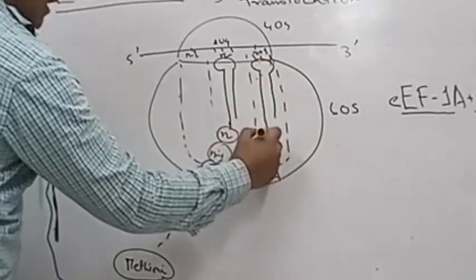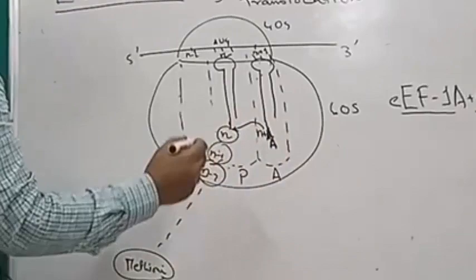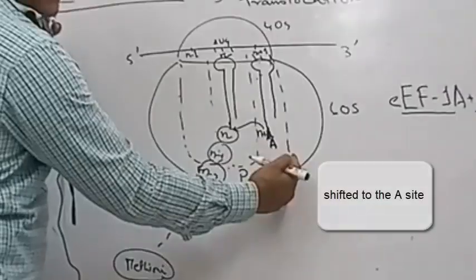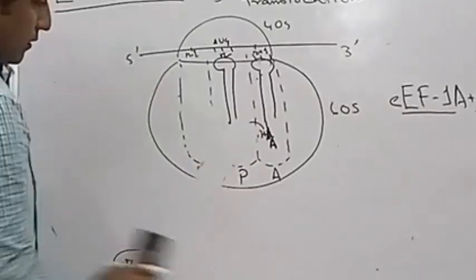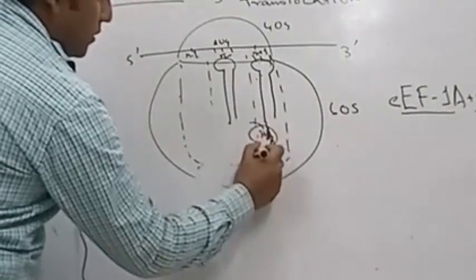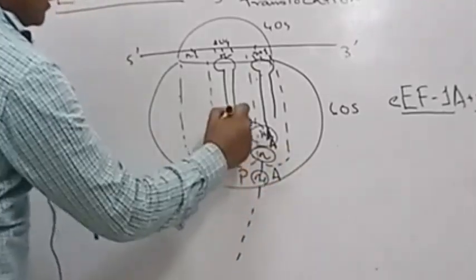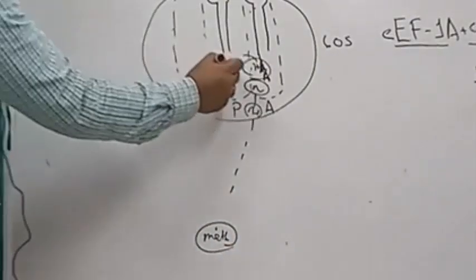This N+1 amino acid nucleophilically attacks, and the entire segment is transferred with the formation of a peptide bond between N+1 and N. As a result, the initiator methionine tRNA is free, uncharged.